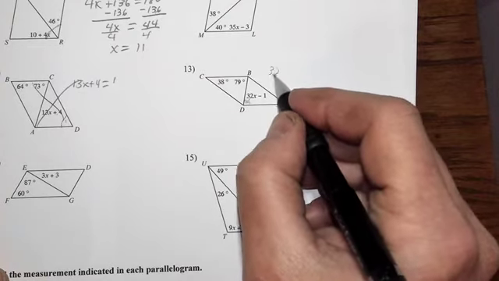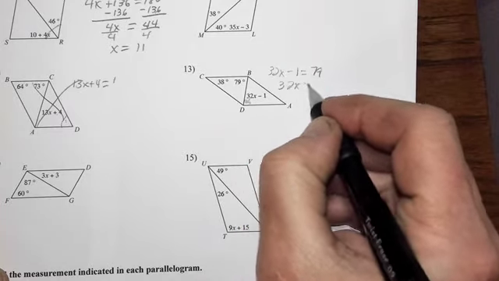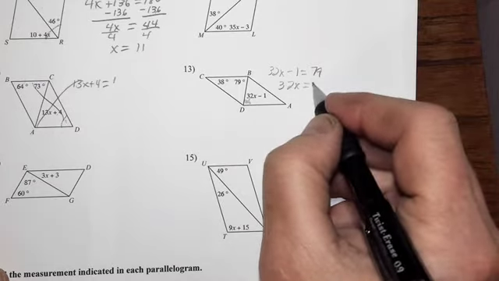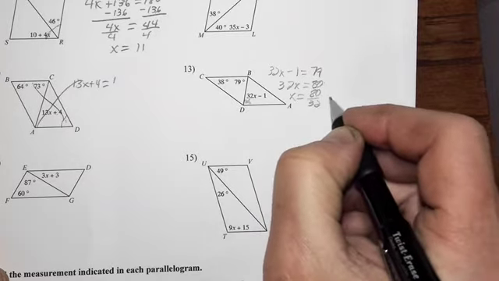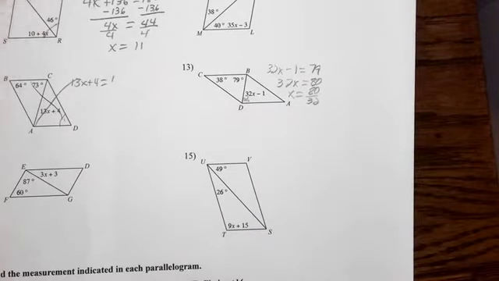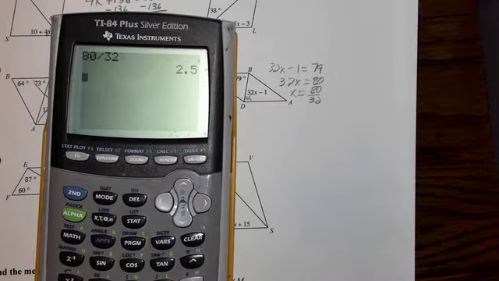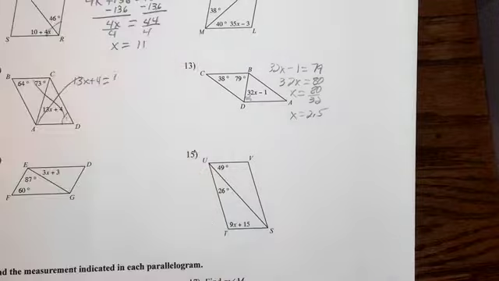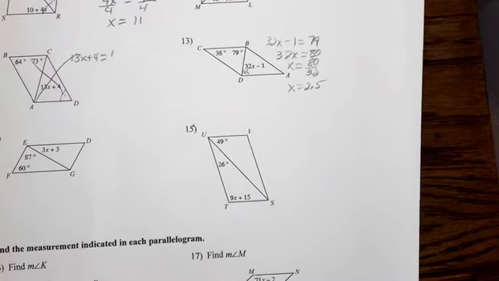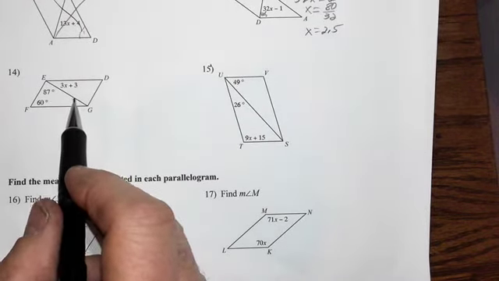So 32x minus 1 equals 79. 32x equals 80, add the 1. x would equal 80 divided by 32, and we get 2.5. So we didn't even really need the 38 in there.